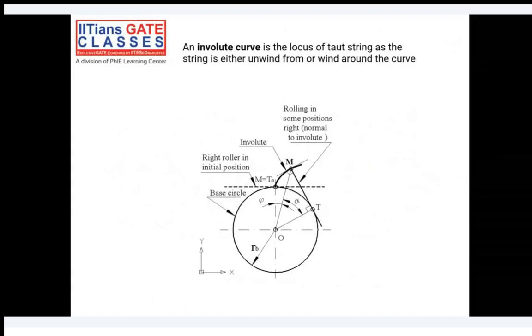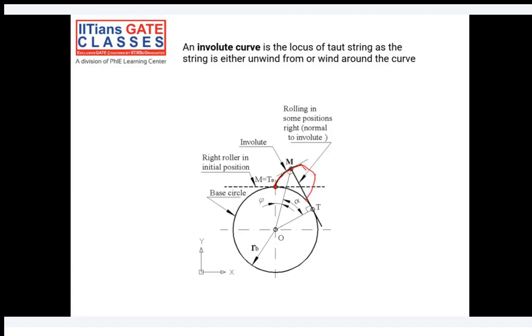So look at this point. Okay, as you unwind this string from this circle, this is the curve it will take, right? So a similar curve you can generate and you can make a gear tooth out of it. Okay, so like this, for example, you can make an involute gear tooth.